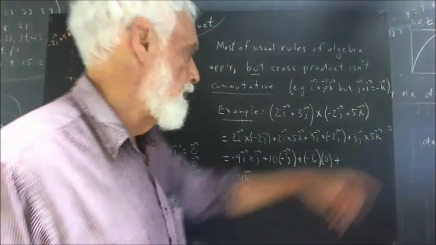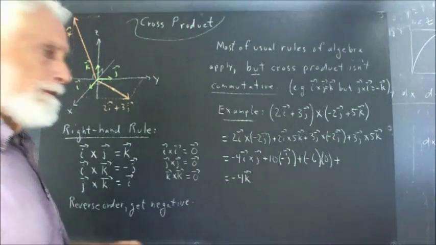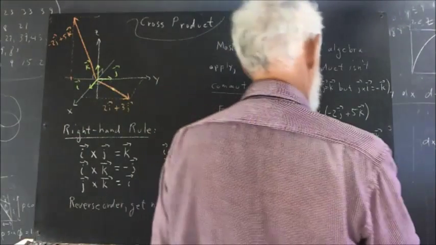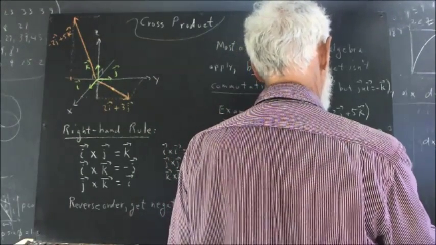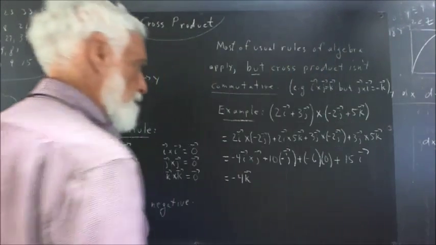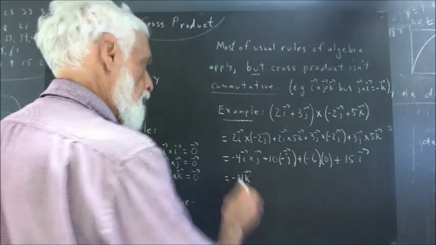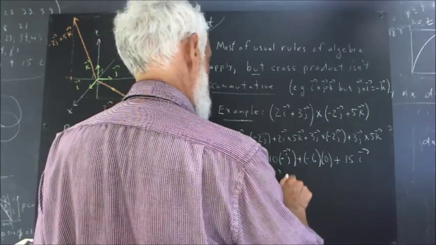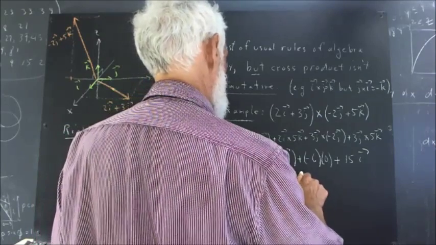And then we're going to have 3j cross 5k. That's going to be 15, and j cross k is i. So that's going to be 15i. Okay, well, simplifying that, 4k minus 10j plus 15i.